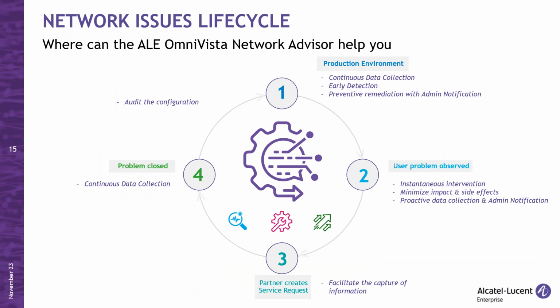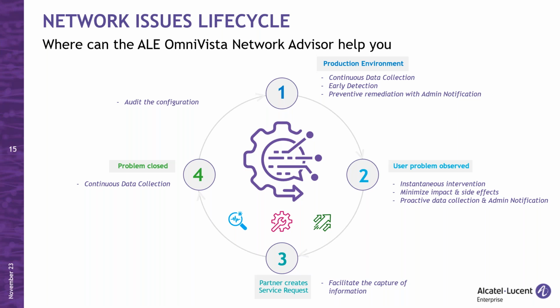When we talk about the improvement that the OmniVista Network Advisor can bring to the whole issue cycle: when you have a problem in a network, an issue, this is the life cycle of that issue. Beginning in the first phase, the production phase, the capacity to audit configurations, collect data, and inform the IT management team helps in early detection of any issue, and consequently a faster remediation suggestion can be made by the tool.